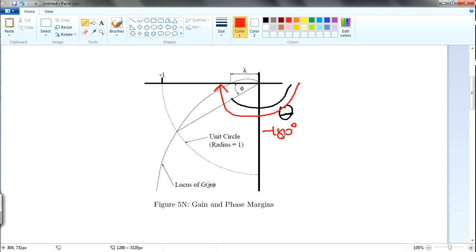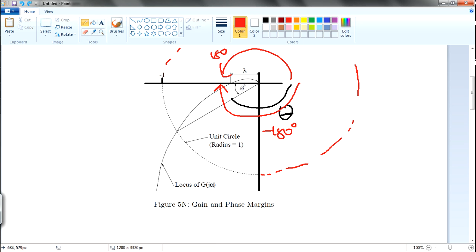So your phase angle, because minus 180 or 180 degrees is always the same, because you're talking about the whole radius of 1. Who cares whether it is minus 180 degrees or 180 degrees? If you reach here, you're dead. That's what it means.